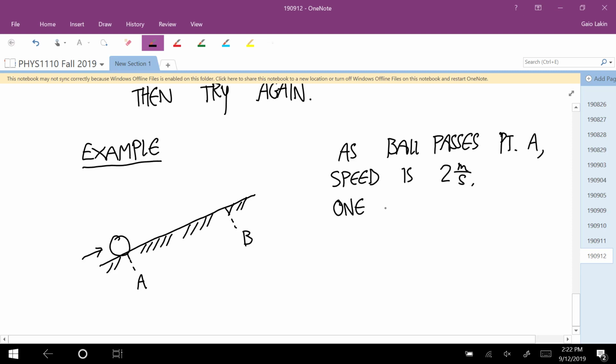One second later, it reaches point B, which is 1 meter away.